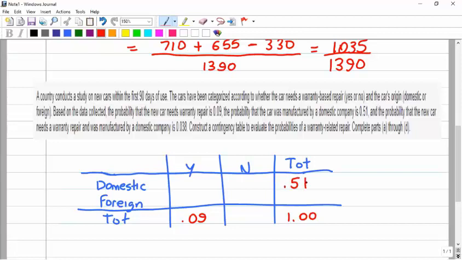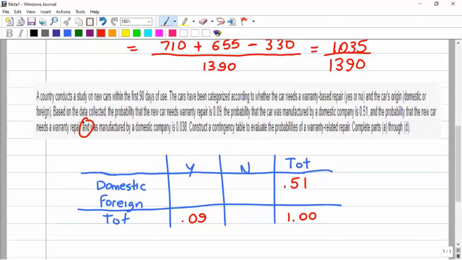As I was telling you earlier, all we need is one number on the inside, and we can fill the rest of it out. And they gave us that. So it might look like there's not enough numbers there, but there is. This one's got to give us one of those inside ones: the probability that the new car needs a warranty repair and was manufactured by a domestic company.